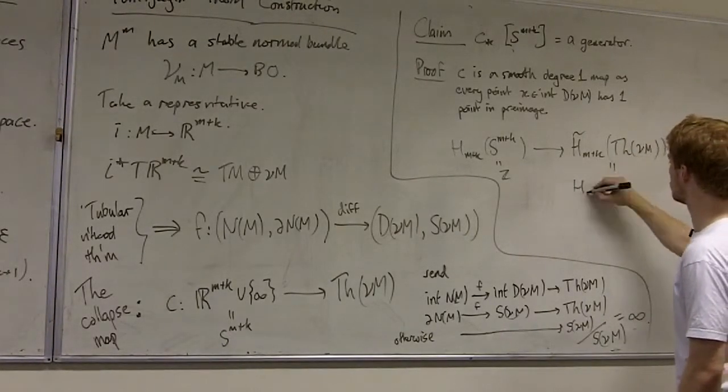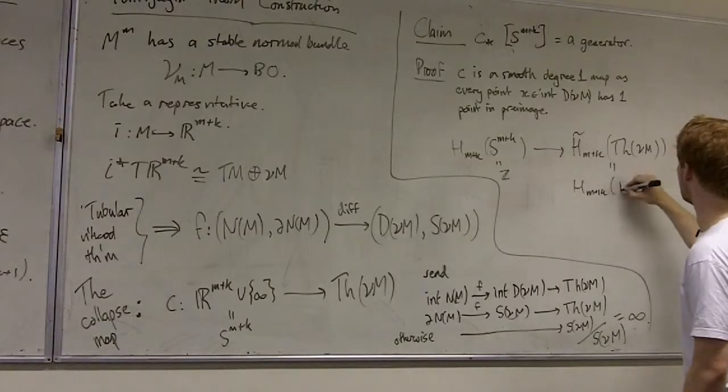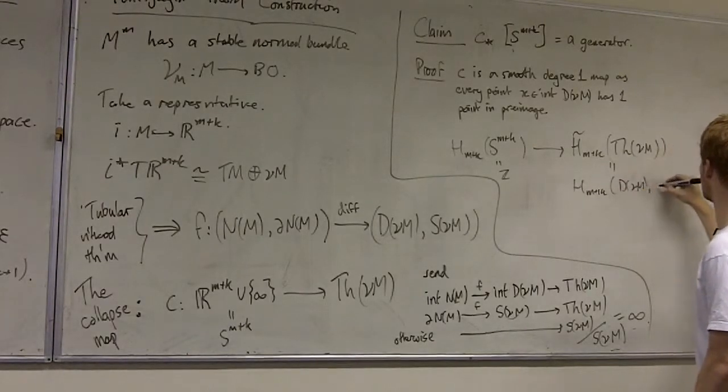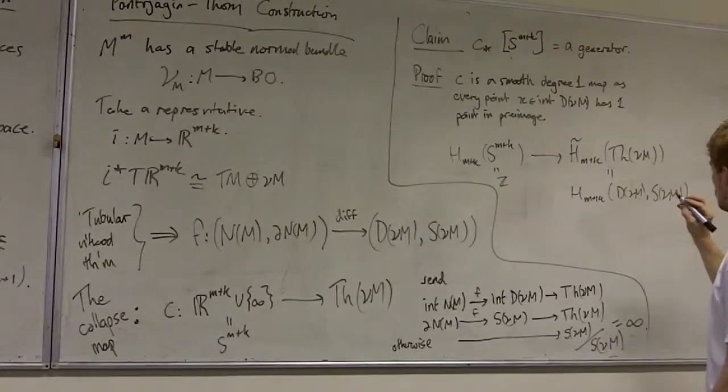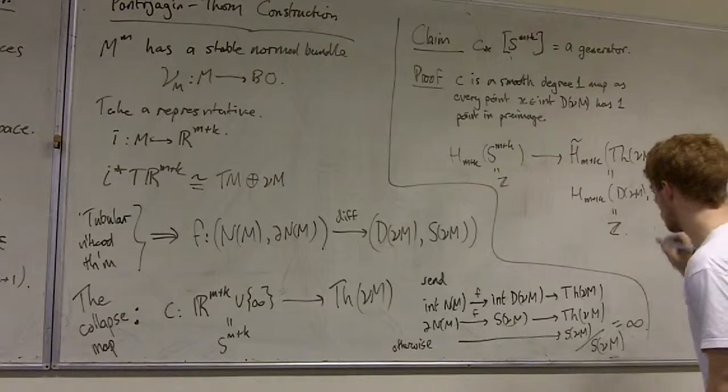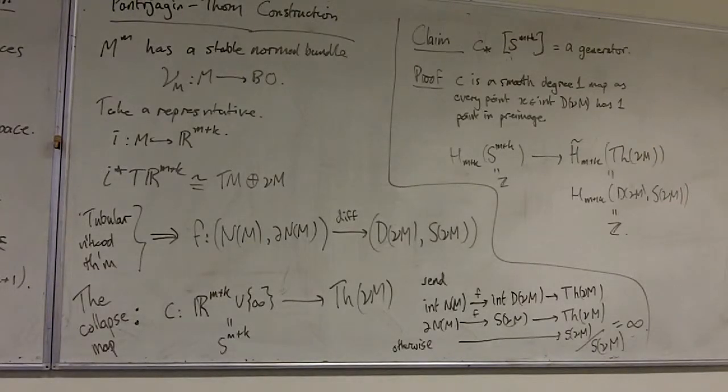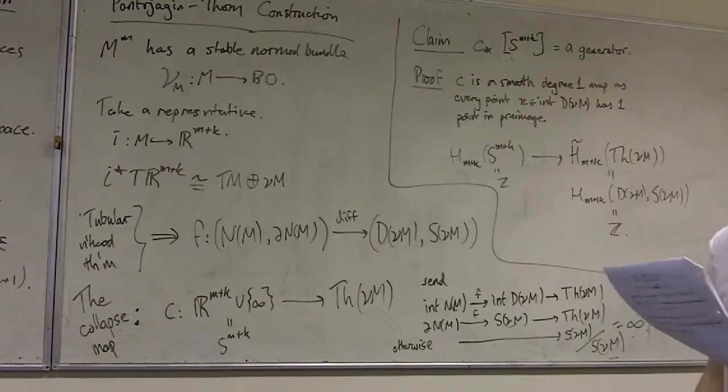So this is H_(m+k) of this thing relative to the point at infinity, which is going to be Z. So it's a degree 1 map, so it's got to send a generator to a generator. And I think that's everything for the first half of the talk.